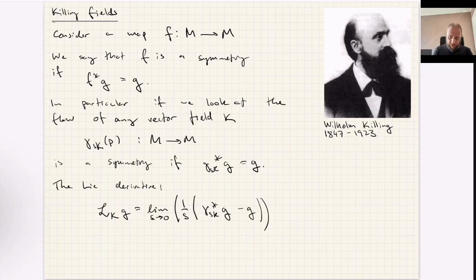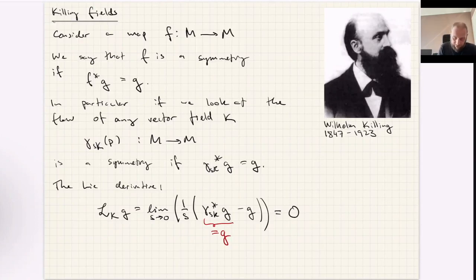So if the flow of this vector field defines a symmetry, then we know that this is equal to not 0 but to g itself, because nothing changed. And then we just take g minus g, which is 0. Hope I don't need to convince you of that, and we get a Lie derivative of 0. So if the flow of the vector field is a symmetry, then the Lie derivative in the direction of the field of the metric is equal to 0. Those two are equivalent statements.